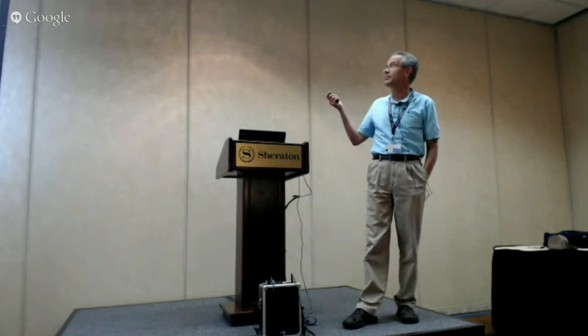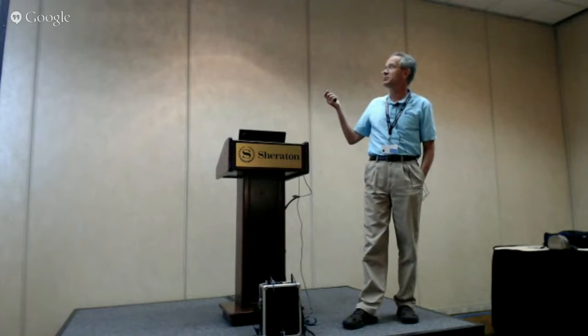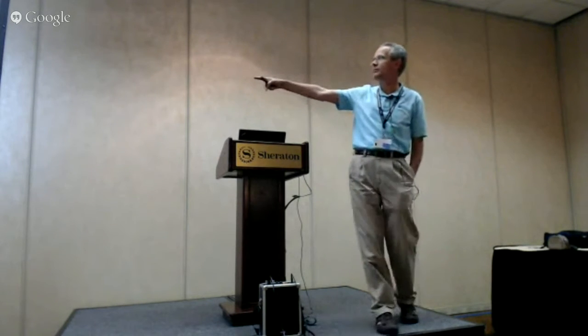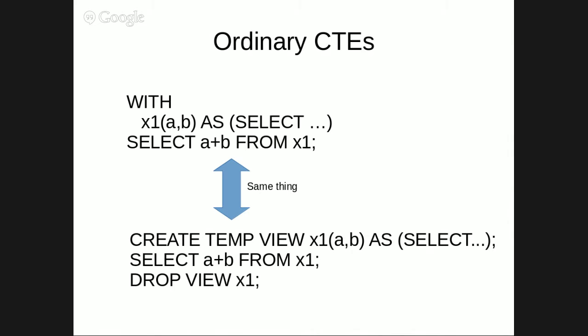Another way of thinking about common table expressions would be this code, where I've created a temporary view, then I'm using the view, and then I'm dropping the view. I think the classic case for this is where you want to compute some result set first and reference it multiple times.